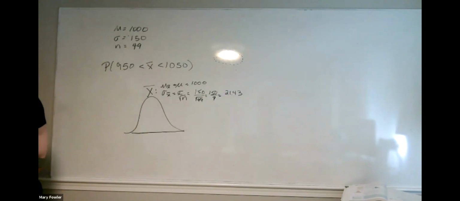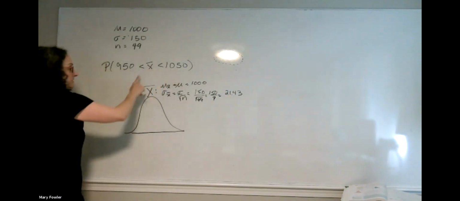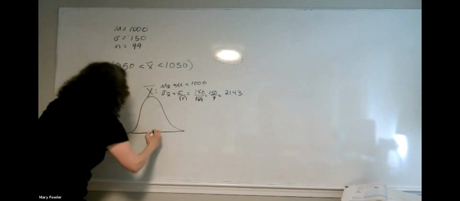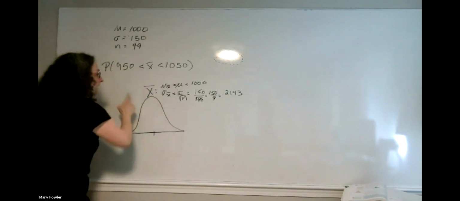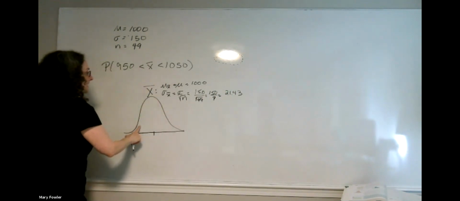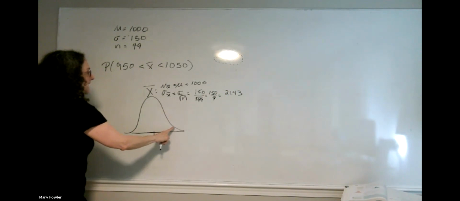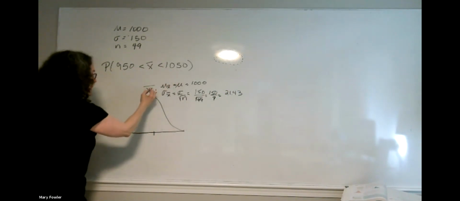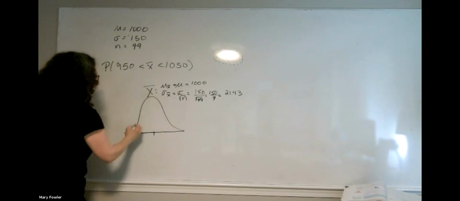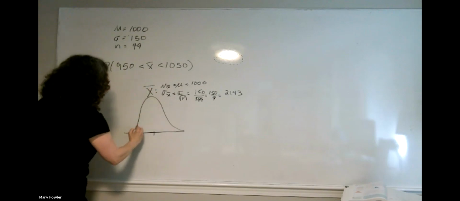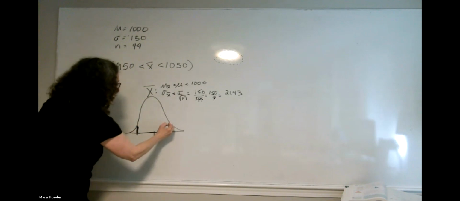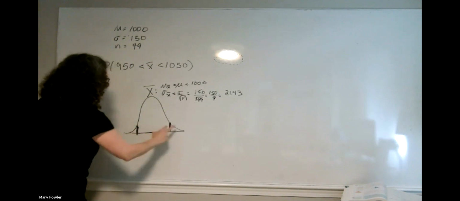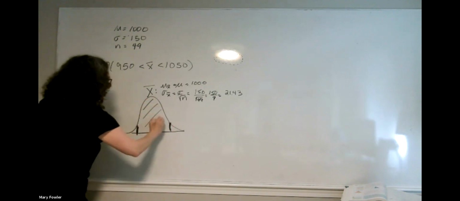And we are looking for, in the problem statement, that X bar is between 950 and 1,050. So here we are. Let's take a guess. It doesn't matter if you draw these in the wrong place. The real point is just to get a picture.